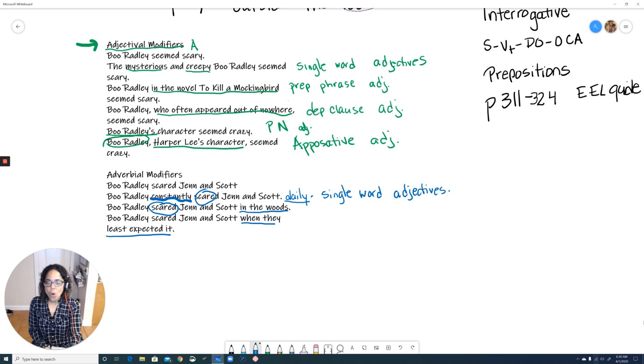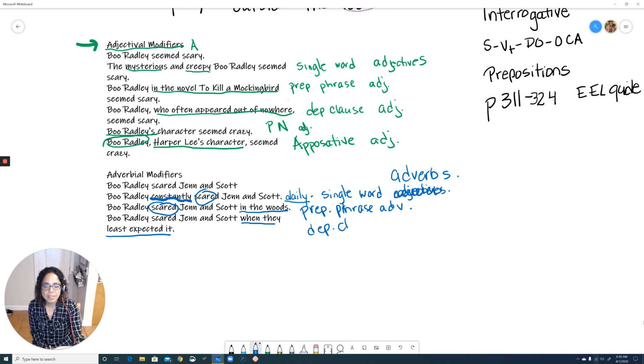In all of these examples, we've got, sorry, this should not say adjectives. That was a mistake. Single word adverbs. Sometimes my brain goes faster than my hands. Okay, so here we have a prepositional phrase adverb. And here we have a dependent clause acting like an adverb.